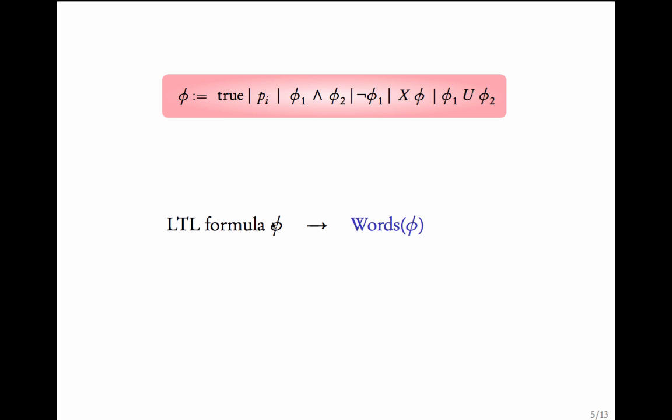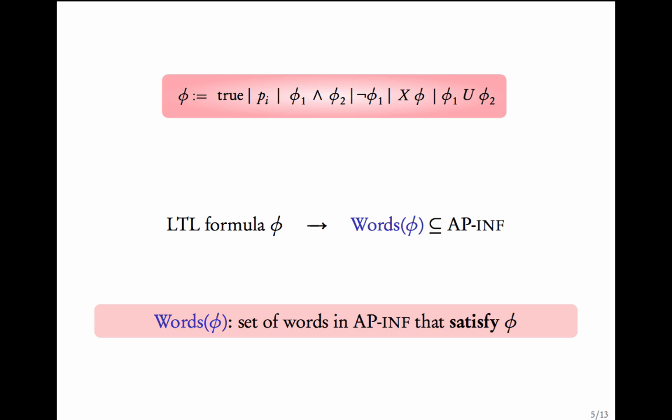given an LTL formula phi, we can associate with it a set of words. Every phi can be associated to Words(phi). This Words(phi) is going to be the set of words that satisfy phi. Of course, this set of words is a subset of AP_inf. And they are essentially the set of words that satisfy phi.